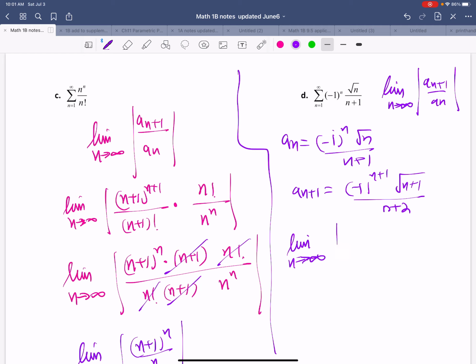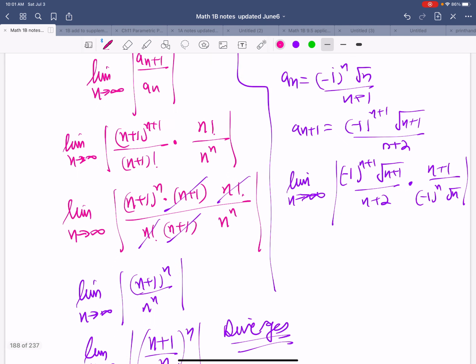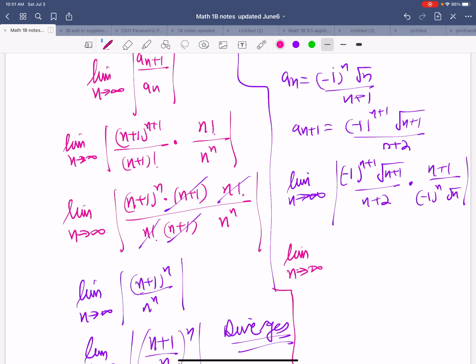Limit as n goes to infinity, a n plus 1, which is negative 1 to the power n plus 1 square root of n plus 1 over n plus 2, times n plus 1 over negative 1 to the power n square root of n. Let's see all the terms I can simplify or cancel here. I might have to rewrite negative 1 to the power n times negative 1. Then I have square root of n plus 1.